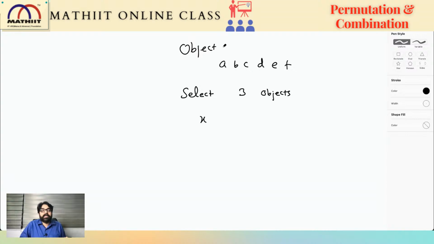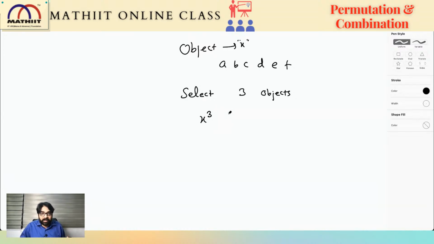Now onwards, object means x. Just x. I want 3x, which means I want x cube. When I say select 3 objects, I want x cube. Do you understand? That 3 objects being identical, different, or mixed does not matter. It's a universal thing. Select 3 objects means I want x cube.